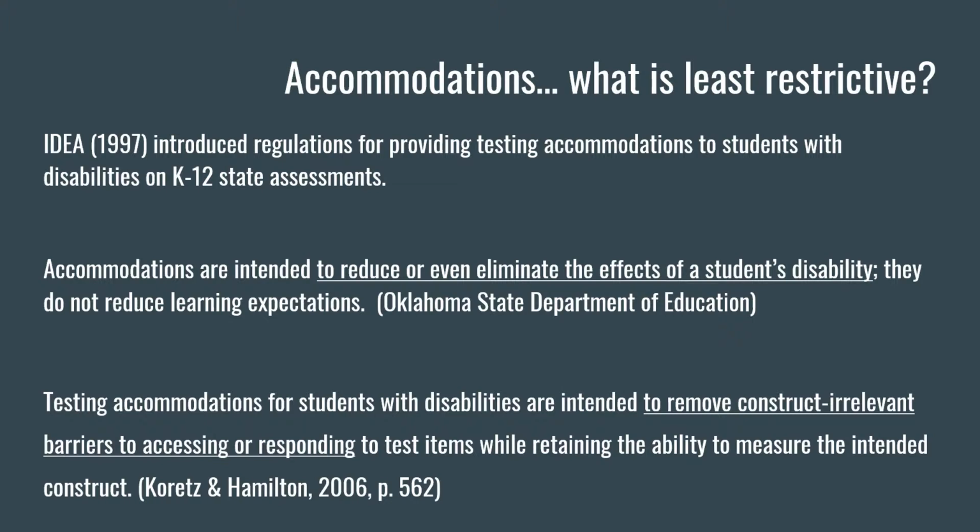The Oklahoma State Department of Education says accommodations are intended to reduce or even eliminate the effects of the student's disability, but they do not reduce the learning expectations. Testing accommodations for students with disabilities are intended to remove the construct-irrelevant barriers to accessing or responding to test items while retaining the ability to measure the intended construct.